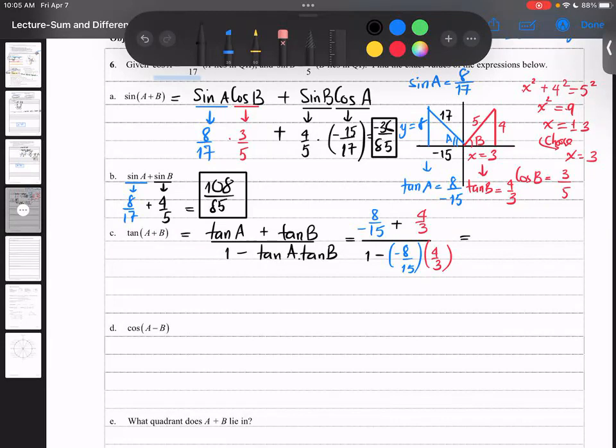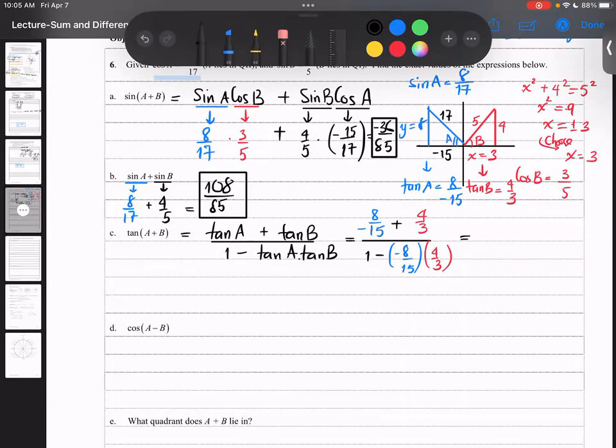calculation. Negative A over 15 plus 4/3. Okay, which is 4/5. And then the bottom is 1 plus, right? Remember, minus minus become plus. A over 15 times 4/3.